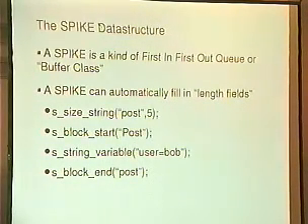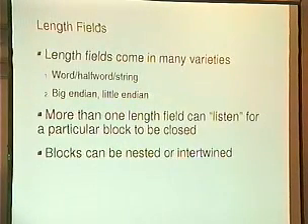So at the end, when you see S block end, it's going to go back into the Spike and fill it out with 0008 or whatever. That's what's going to happen with the little code fragment. Length fields come in so many different variations, you can say I want to put a length field in this part of the block that is this size, this kind of data.